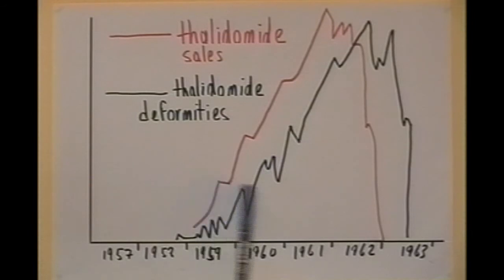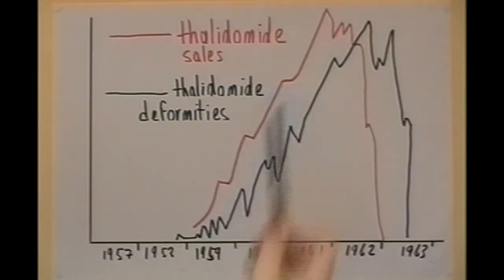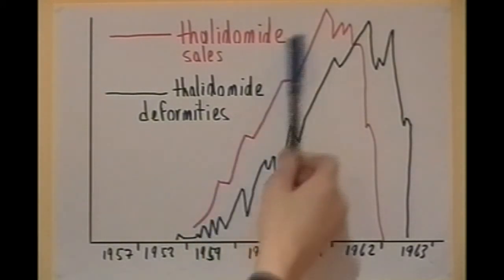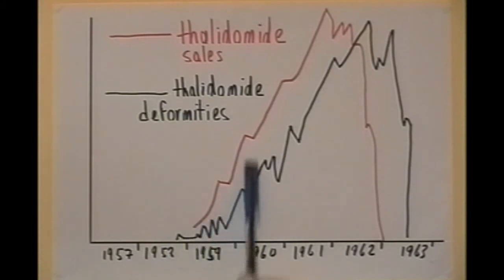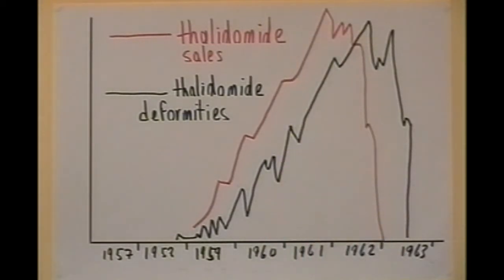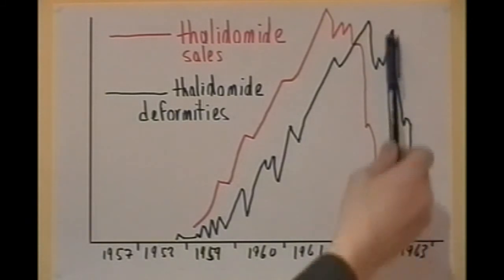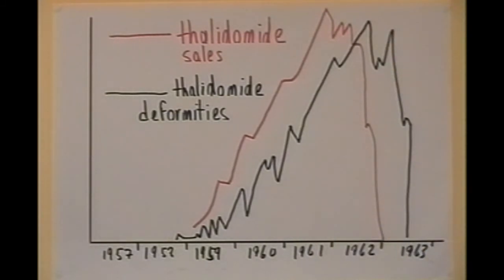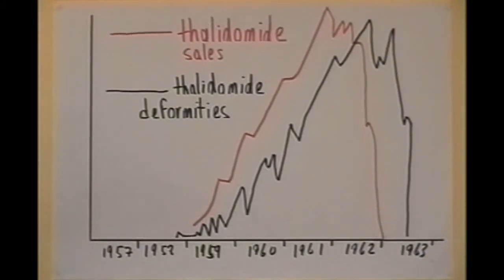So there's a gap here of about, as you would expect, 9 months for the period of pregnancy. And we see that the trend in thalidomide sales is mirrored a short time later by the trend in thalidomide type birth deformities. Then when the thalidomide sales went back down to normal, fortunately the thalidomide type birth defects went back down to normal.